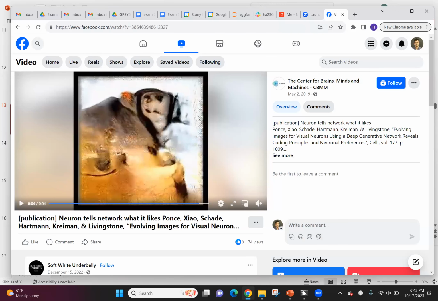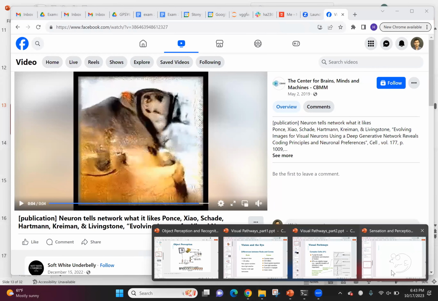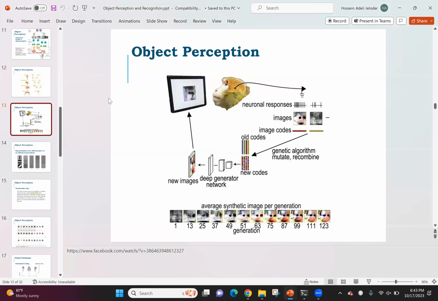Now, I can tell that this cell detects monkey faces. That's one way to put it. It means that it really fires strong. It has a high firing rate when it sees monkey faces. Okay?